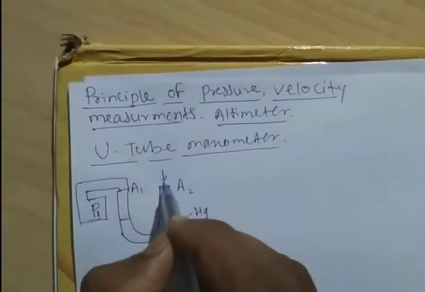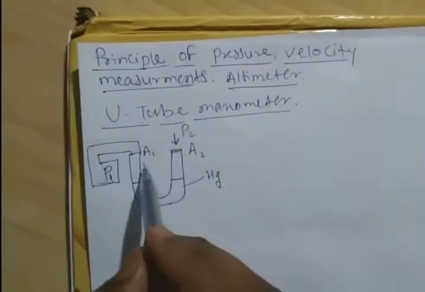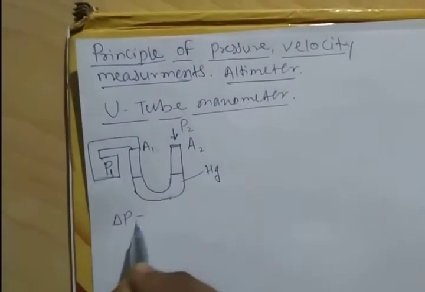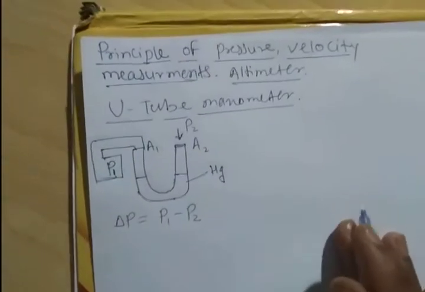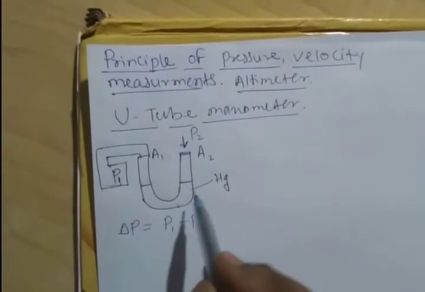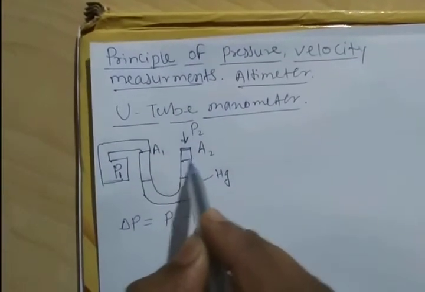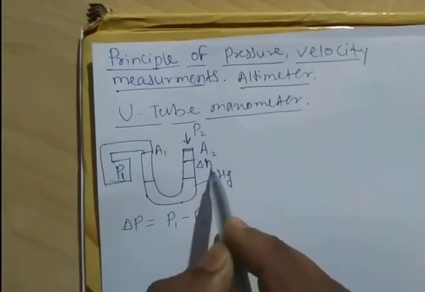So here will be atmospheric pressure P2. So there will be a certain pressure difference, that is delta P equal to P1 minus P2, if P1 is greater. Because of that, this mercury here will rise. So let's say mercury rises to the height delta H.